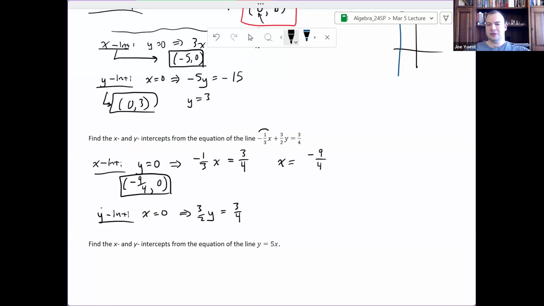I might be able to guess the answer for y here if you're good at fractions, or we can multiply both sides by 2/3. I see my 3's divide out, and I see my 2/4. I can divide a factor of 2 out of top and bottom, and I get y equals 1/2. So my y-intercept, the ordered pair, is 0, 1/2.